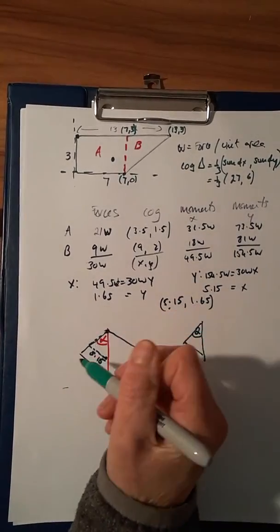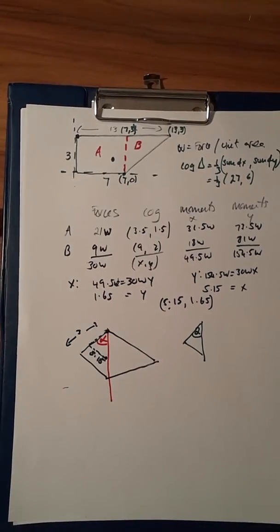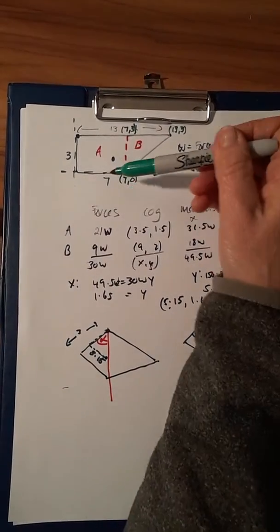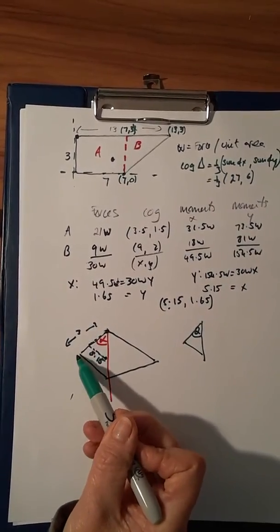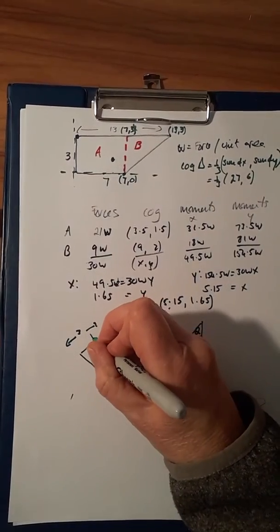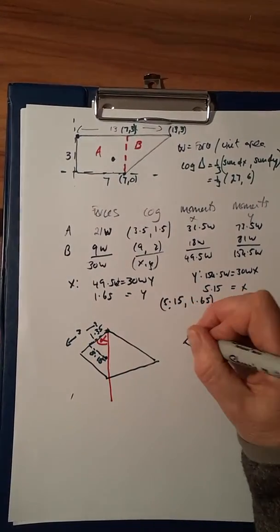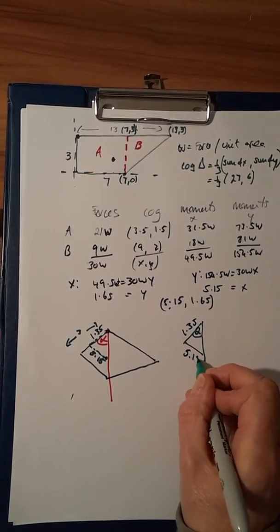Now, the entire length of this is 3. But remember, we moved up 1.65. So I'll take 1.65 from 3, and that will give me 1.35 for this bit here. Okay, so I have 1.35 and I have 5.15.